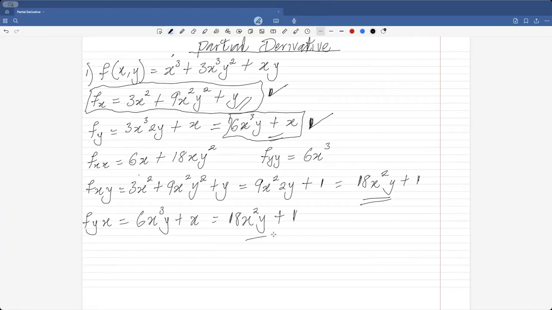And that's the final answer for this problem. You can see it is the same as this. So let's move to the next question.